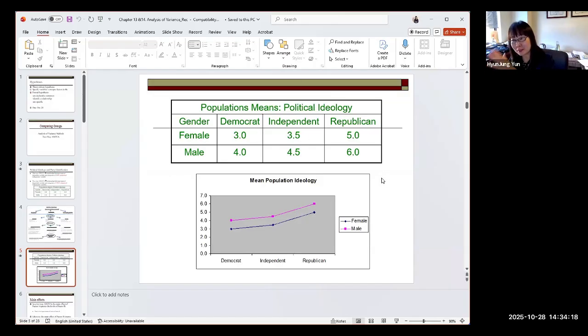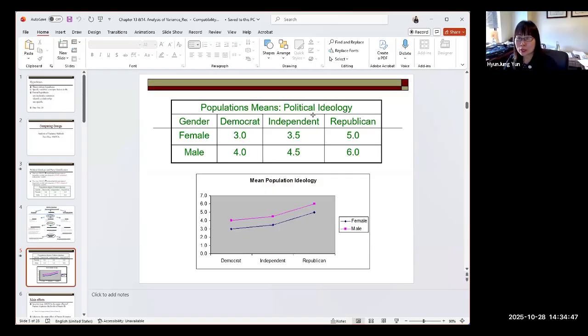So we compared the mean differences, but now we have one additional categorical variable. What if gender identity is combined with political party affiliation, and how does the measure of political ideology fluctuate? That's what we're gonna look at.